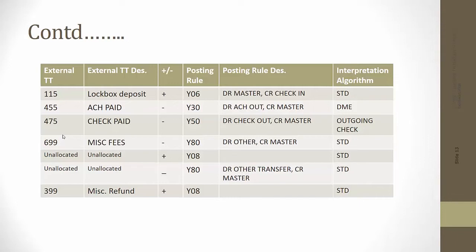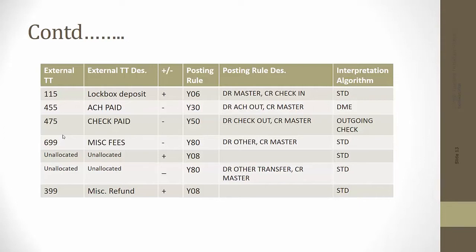Let's take the next transaction code 455. So if a row in EBS starts with 16, it means it has transaction details. The second field has the value 455, which means this row will provide details of an ACH payment made to the vendor. The third code is external transaction code 475.